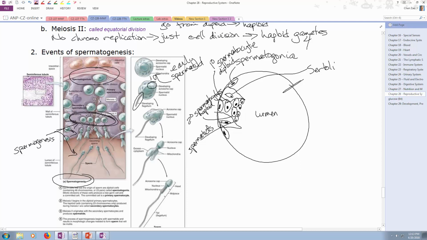If you take a look down here, you see that the acrosome cap now covers the nucleus, and we're starting to get a more recognizable flagellum, but there is a mid piece in this area that is full of mitochondria because you need to power the flagellum. So the mid piece is full of mitochondria to power the flagellum for our sperm.